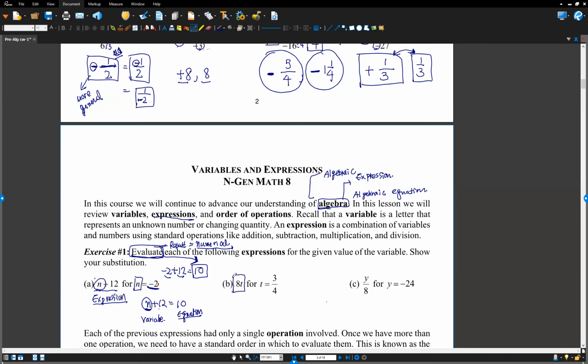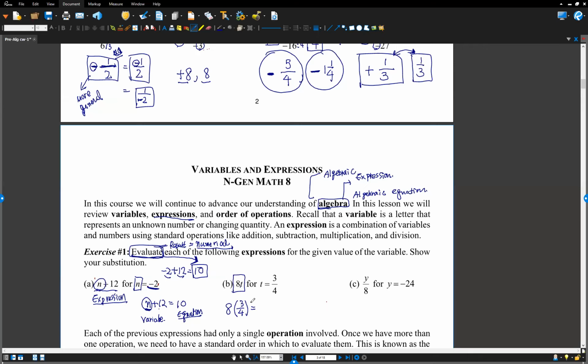But we're going to assign t the value 3/4. That means substitution: instead of using t, put this number into t. Now we're going to have a numeric result.